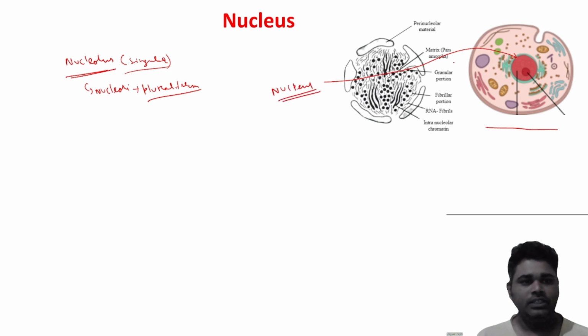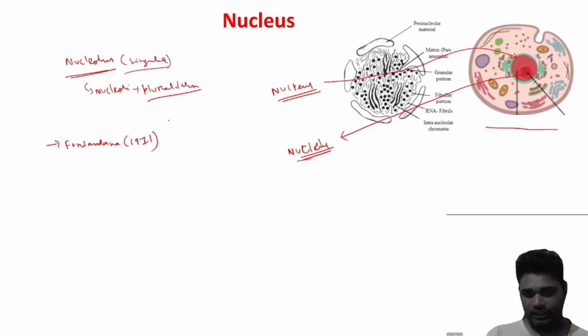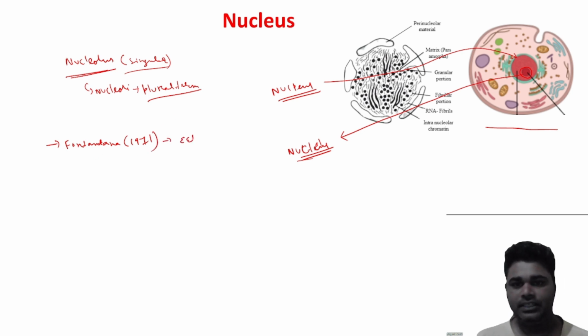Now inside the nucleus, at the middle portion, there is a structure like this, and this structure is called the nucleolus. The nucleolus was discovered by Fontana in 1781, and he discovered it in eel skin.